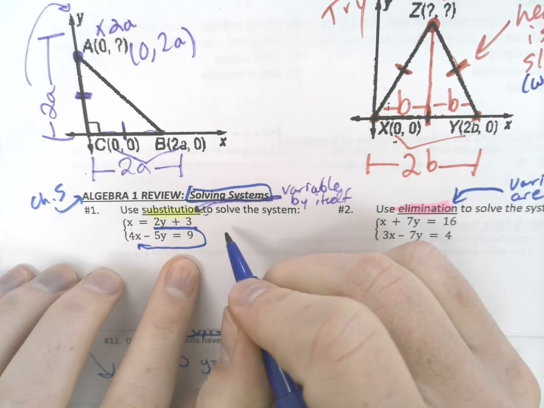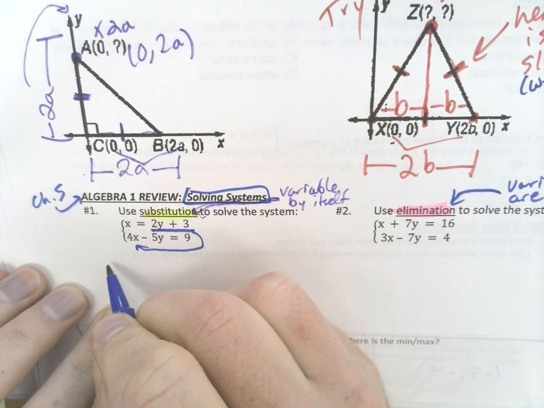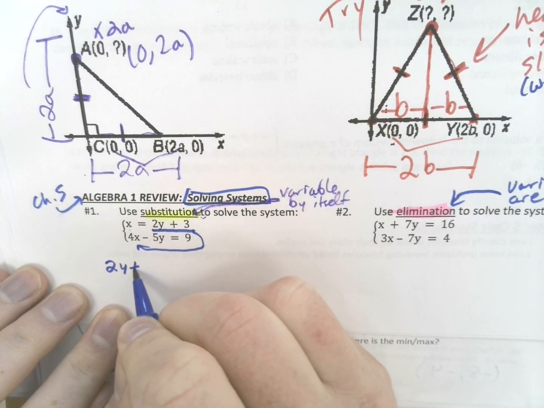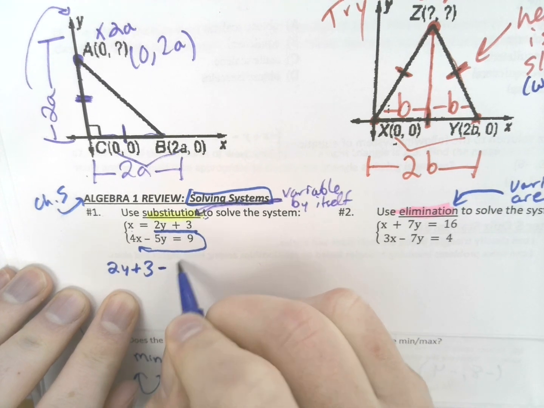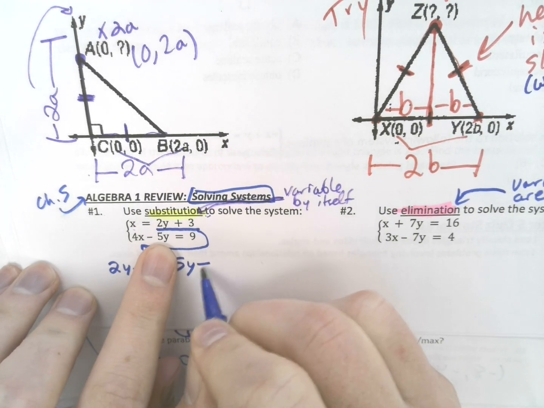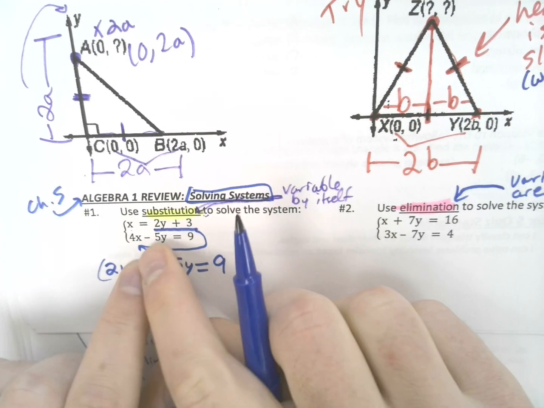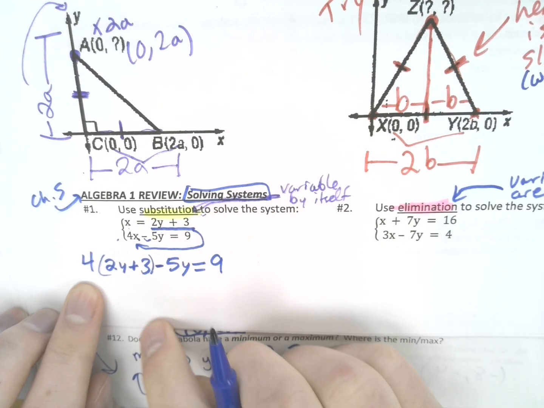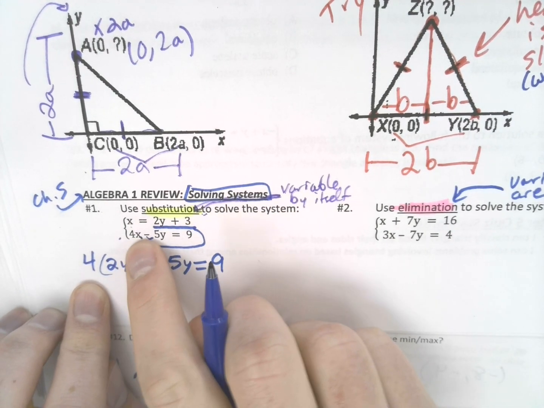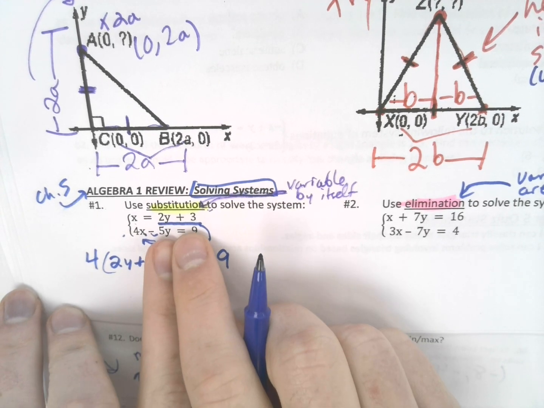So we've really got 2y plus 3 minus 5y equals 9. See what we did there? We took 2y plus 3, plugged it in. Oh, and don't forget, what's in front of that x? Boom, a 4. So 4 times not x, but 2y plus 3 minus 5y equals 9.